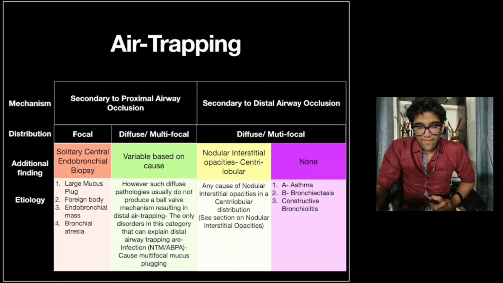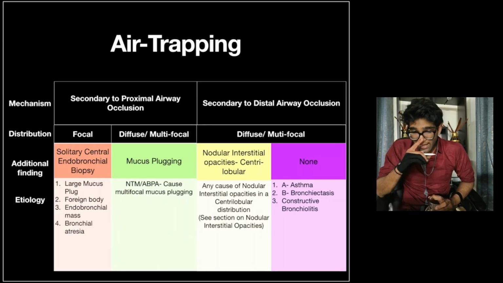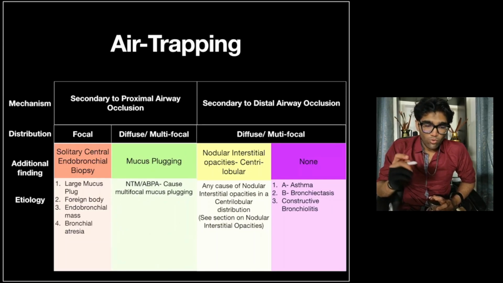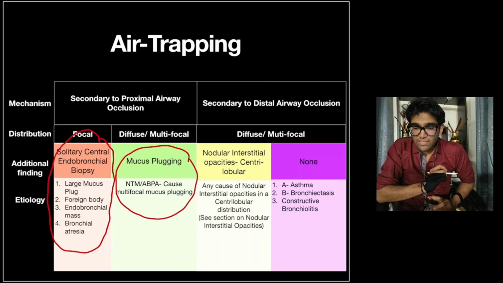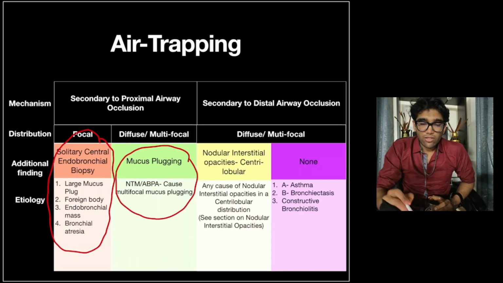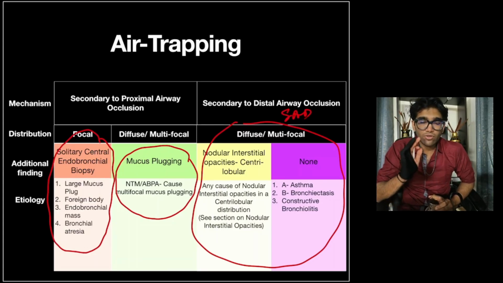So rather the list is like this. As you can see, air trapping is caused by only either a proximal airway endobronchial lesion, mucus plugging as a result of infection, or what we call the large group of small airway diseases. These are actually the only three causes of air trapping.